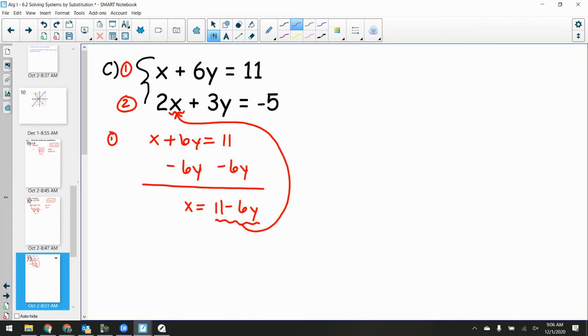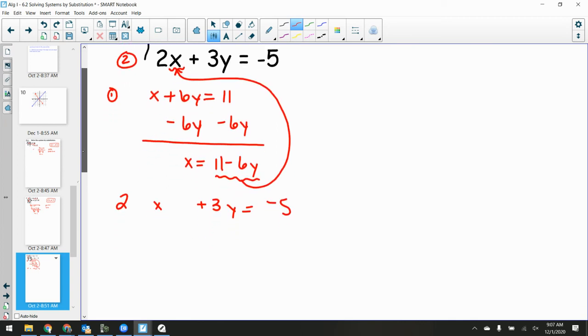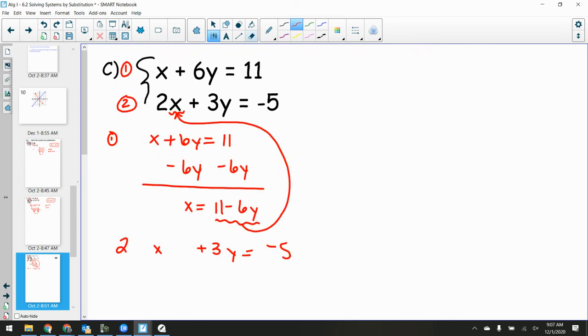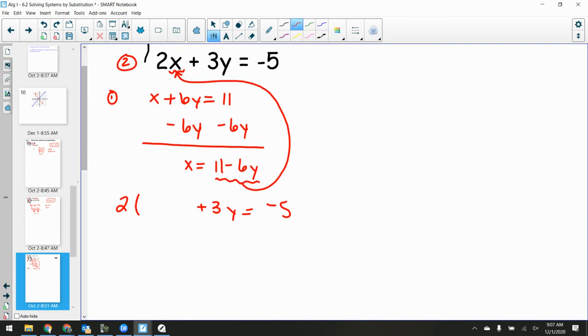Do not lose the 2. Because again, it was 2x plus 3y is equal to negative 5, right? So now, instead of 2x, it's going to be 2 times, I'm going to remove the x and in its place write a substitute, 11 minus 6y.